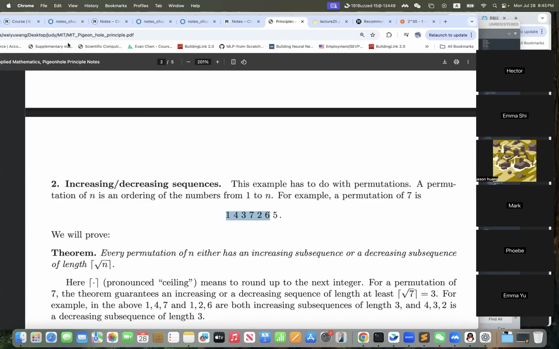So the first number, you can pick 1 to 7, which is 7 numbers, but when you pick the second number, you can only pick 6 numbers because you already picked one number. Exactly. So it should be 7 times 6 times 5 times 4 times 3 times 2 times 1. Yeah, very good.